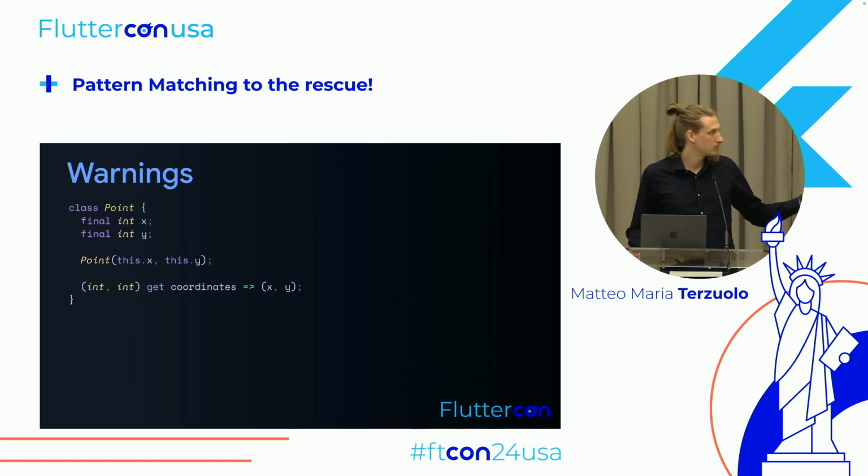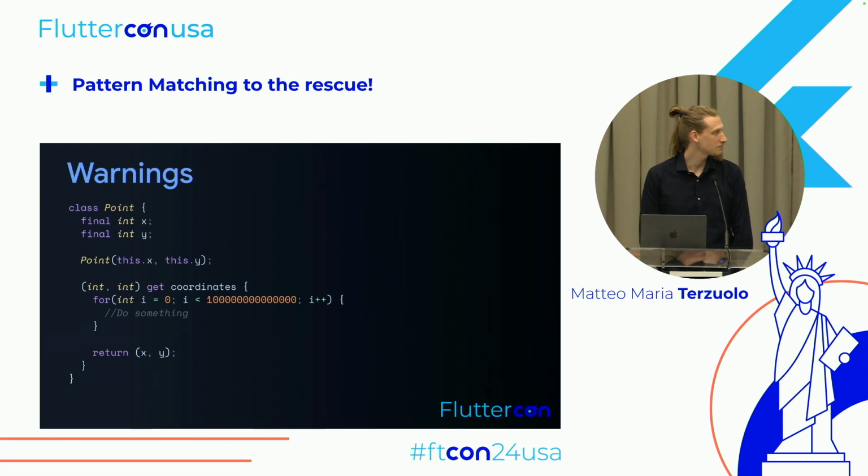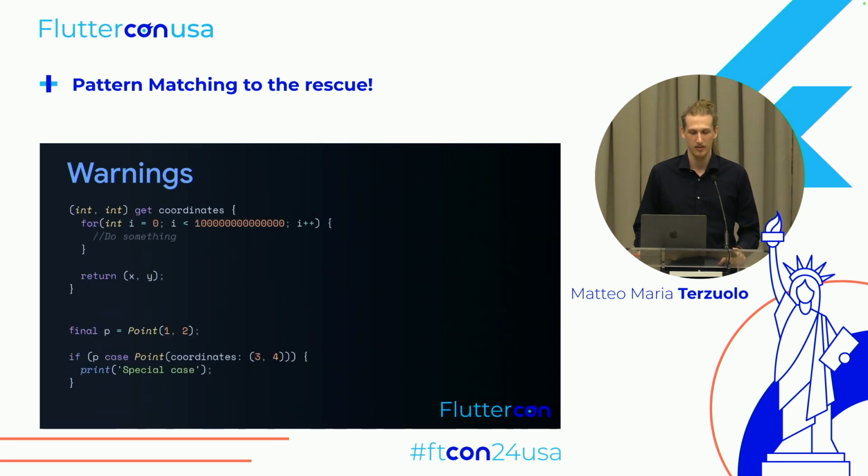If the case is just that one, it's totally fine and nothing to care about. But look at this example, for example, okay? Doesn't make sense, I know, but if we are going to do something like that and then use a switch or an if and check for the coordinates, it's going to take ages before the check ends, okay? And our app or program is going to completely freeze, okay? So always care about what you're actually writing in your getters.